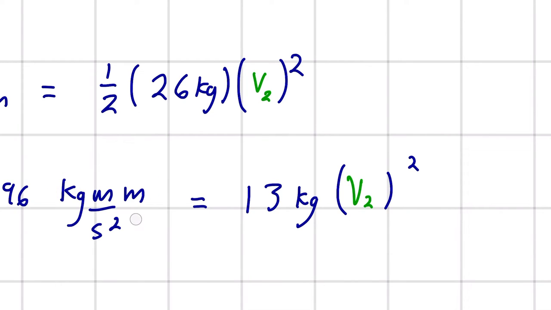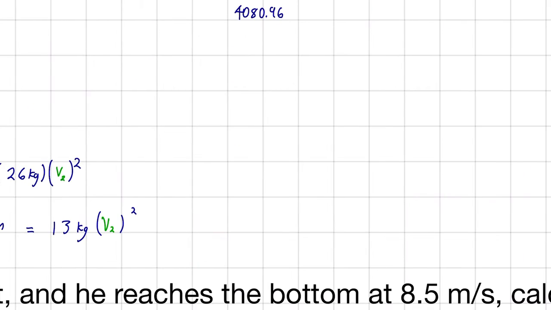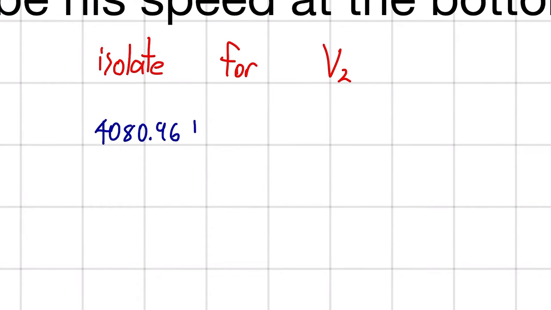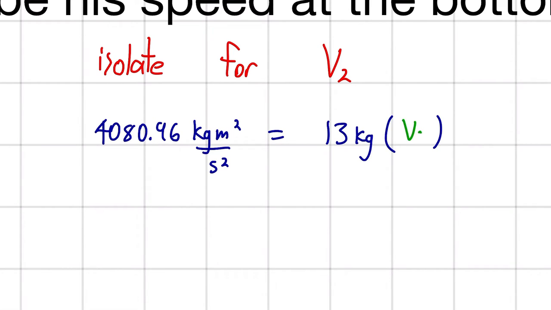So kilogram, meters, these we got 2 meters, so that will become meters squared per second squared. All right, so kilogram meters squared per second squared is equal to 13 kilograms V2 squared.